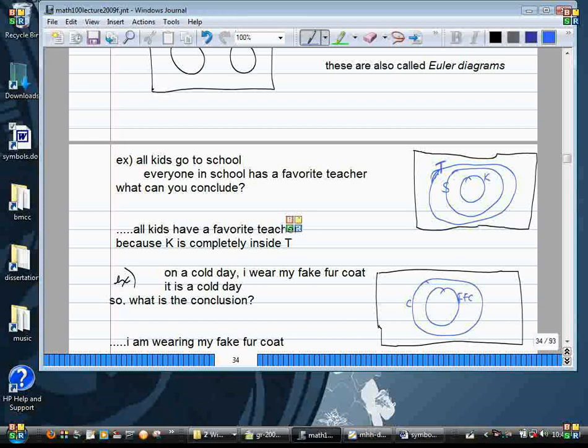Can I have a cold day where I'm on this picture? Can I have a cold day where I'm not wearing my fake fur coat? Right there. What's happening at that dot? And it's a cold day. So you put the circle inside. Yep. Okay.